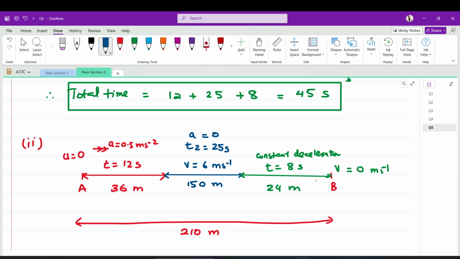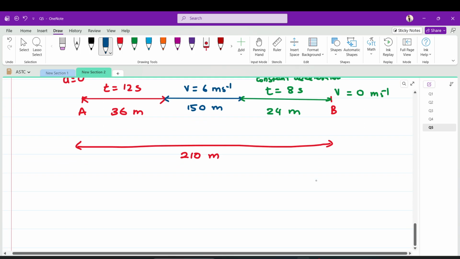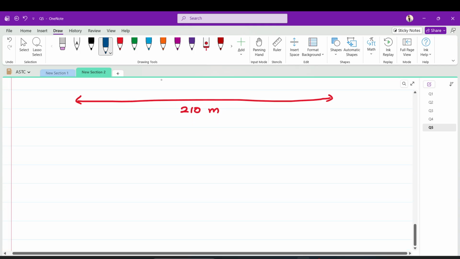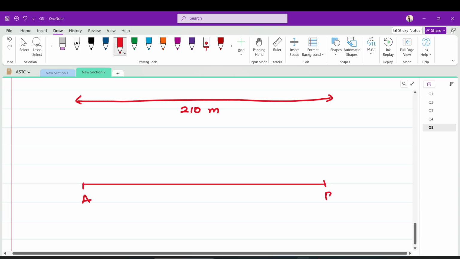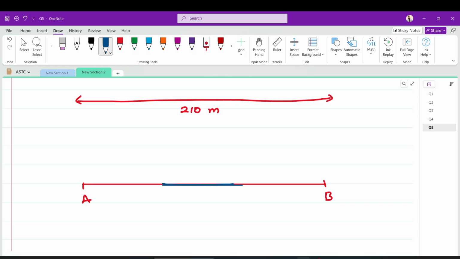Now, our next step is going to be, first, let us write this down. Let's say that this is your point A, this is point B. So when the cyclist is at the blue region, this is your blue region, the cyclist is over here. That is when the car starts.